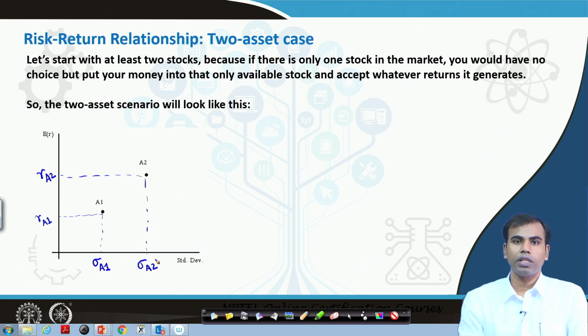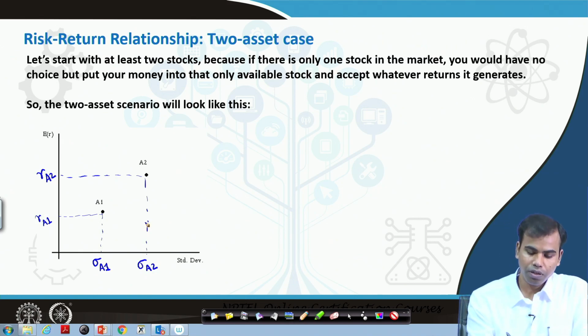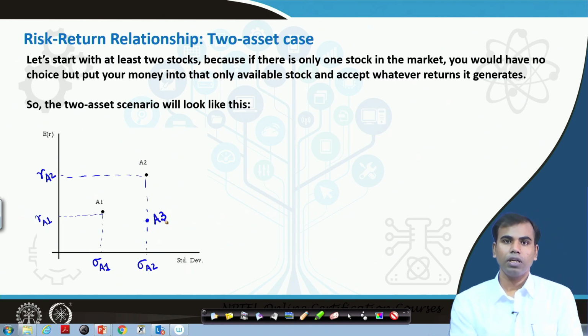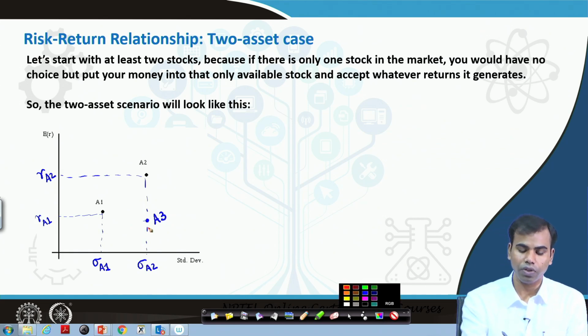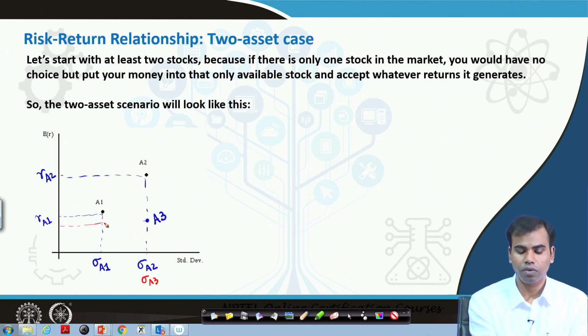Now, if there is a scenario with more than two assets, for example an asset which lies here, let us call it asset 3. Typically, this asset might not exist in the market, because for the same level of risk, we have a lower return from asset 3.